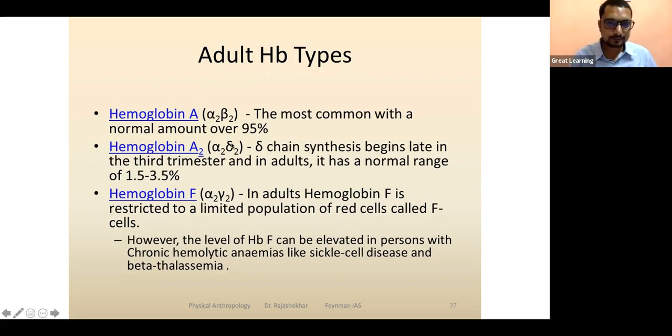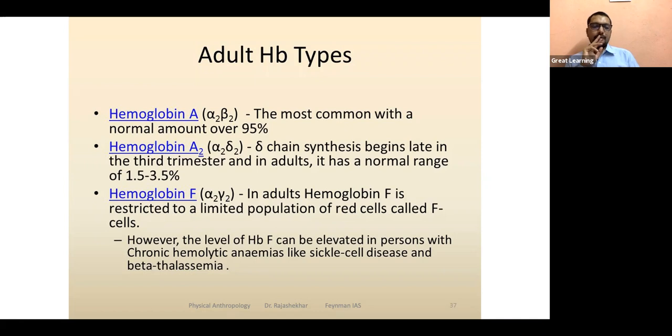Alpha 2 like this, delta 2, small delta 2. In hemoglobin F, it is alpha 2 and gamma 2. So 2 chains of alpha, 2 chains of gamma.